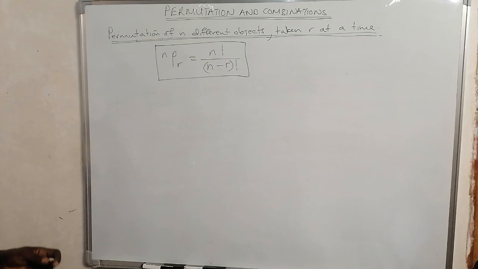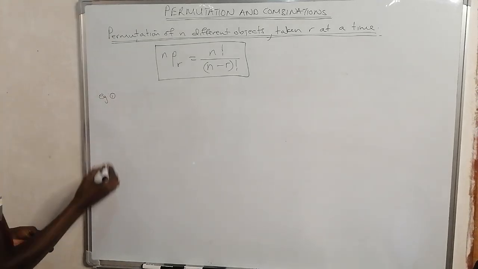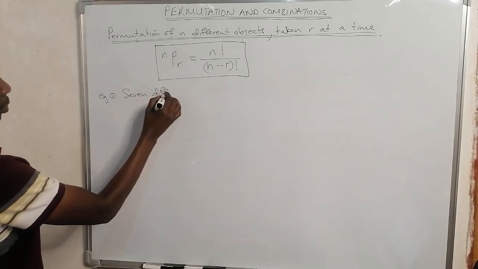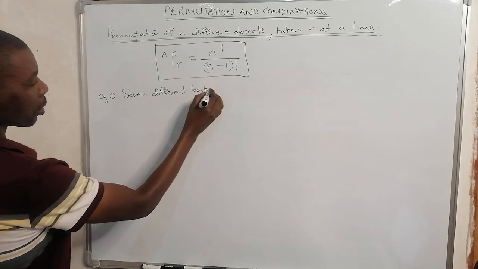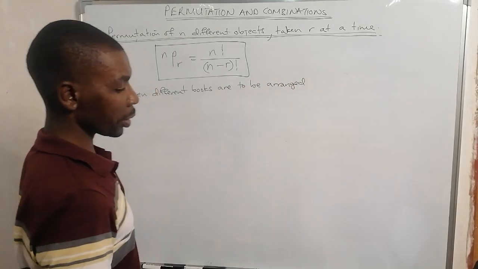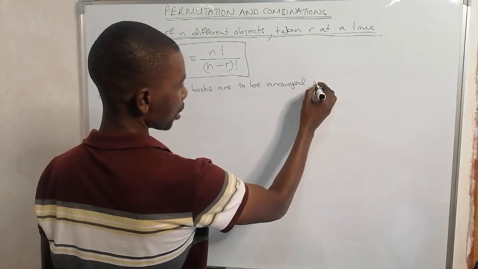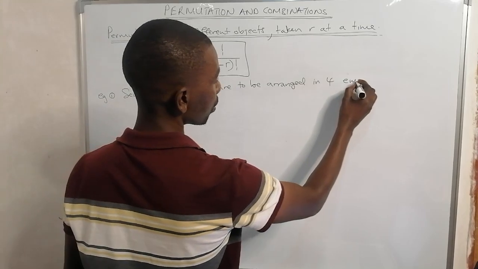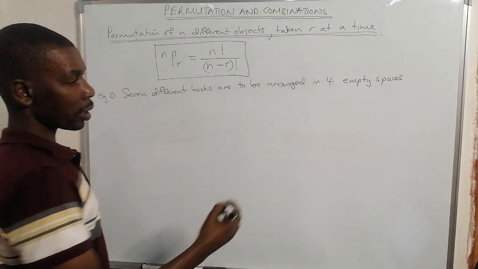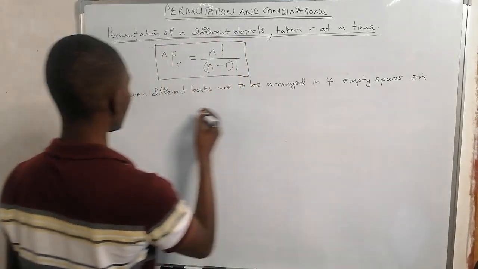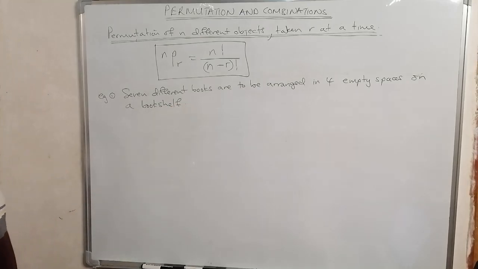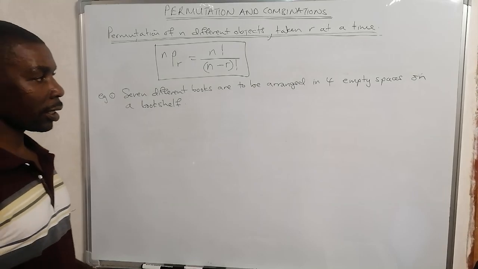Let's take for example number 1. 7 different books are to be arranged in 4 empty spaces on a bookshelf. We want to arrange 7 books in 4 spaces.